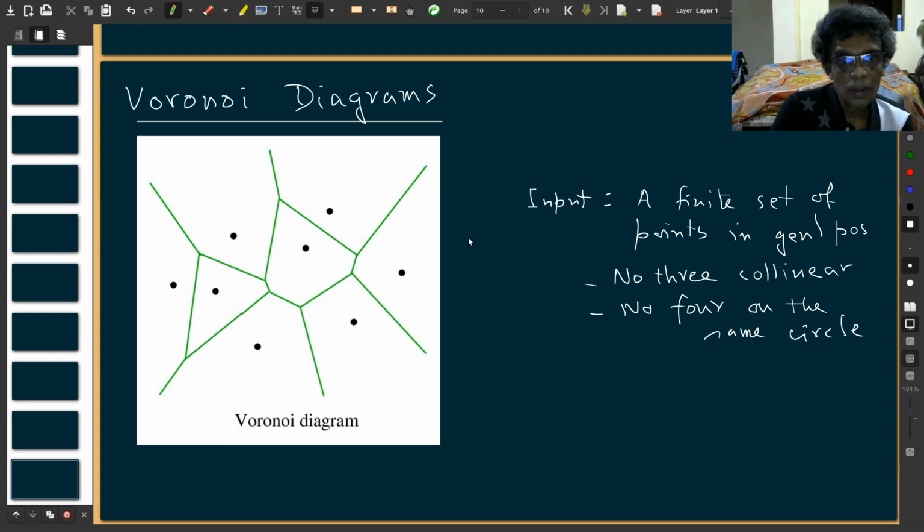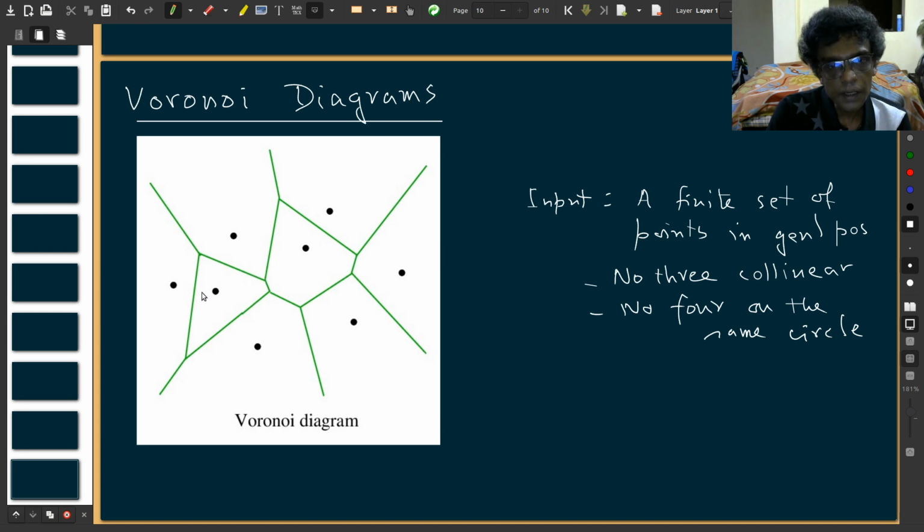Now, these points are often called sites. Think of them as grocery stores. This is a grocery store, this is a grocery store, and so on. If you are at any point, assume that all the grocery stores sell the same items at the same prices.